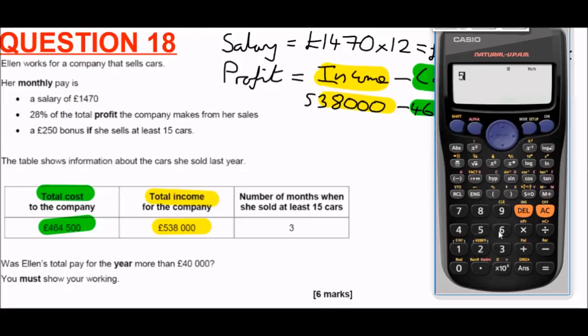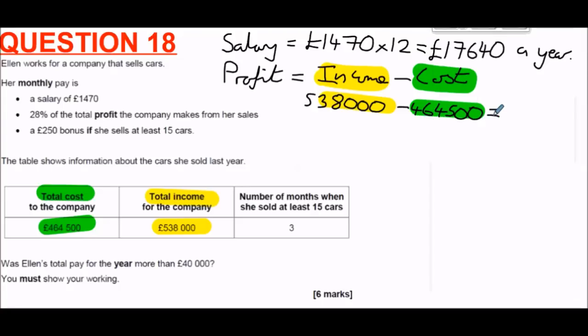So 538,000 take away 464,500, which is 73,500.